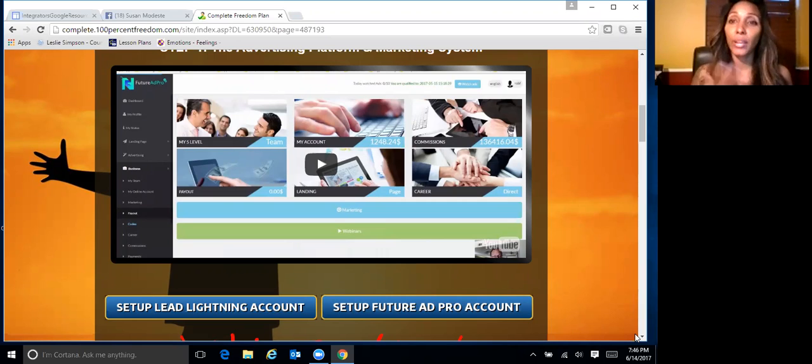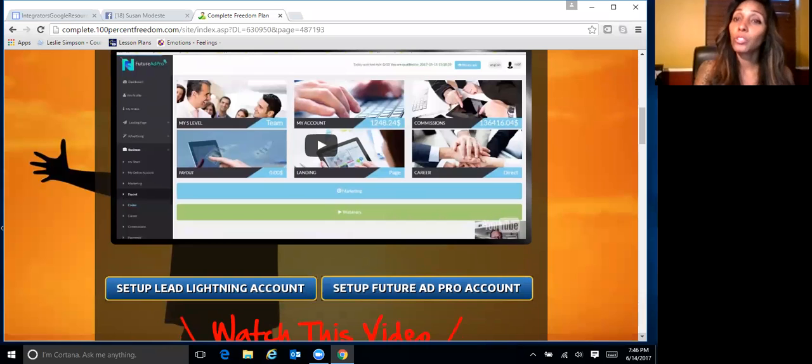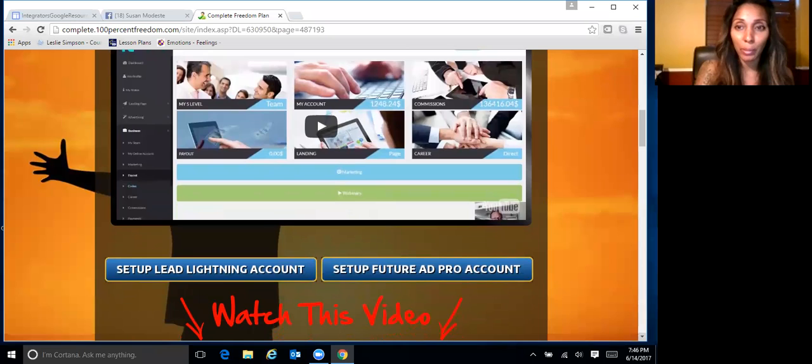But this can generate some of the money that you're going to need to be able to do that. Now, they accept two forms of payment: you can pay through cash using what's called Payza, and you can also pay through Bitcoin, which is digital currency. You may or may not have heard about that.